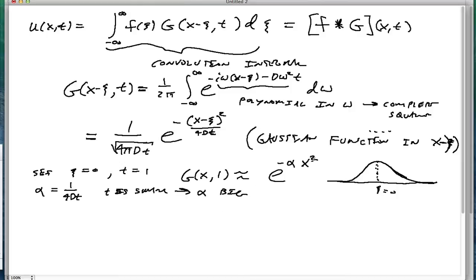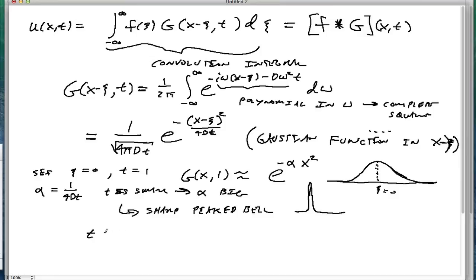And when alpha is big, the function is going to decay rapidly to 0. And that means you're going to have a sharp peaked bell. It's going to look very, very sharp like this.